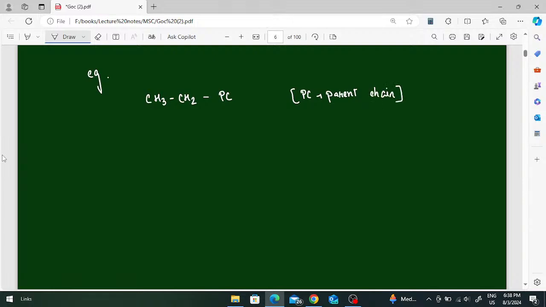So if I take this group now, here as you can see, number wise this is more, so between 1 and 2, 2 will have greater plus I effect than 1, because here number wise carbon is more.